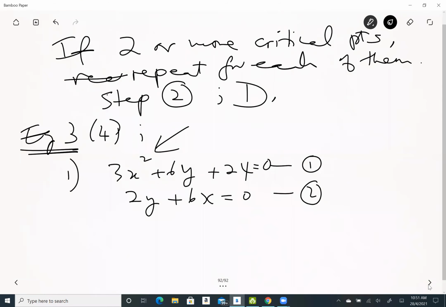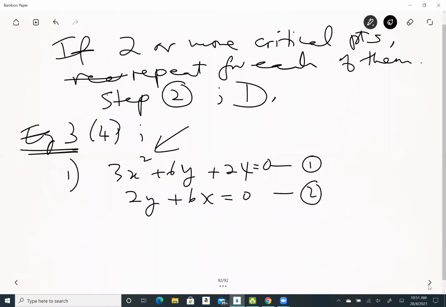So now, how do we solve this type of system? You look at one of the equations, try to simplify that, and then use the other equation. And the method may not be the same as what we learned earlier.